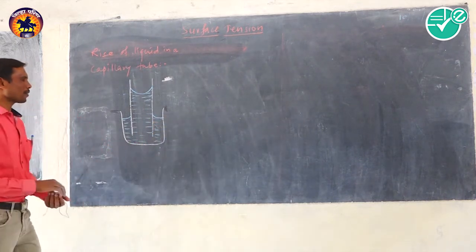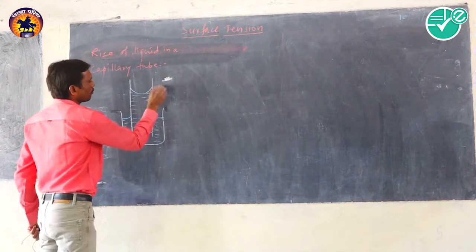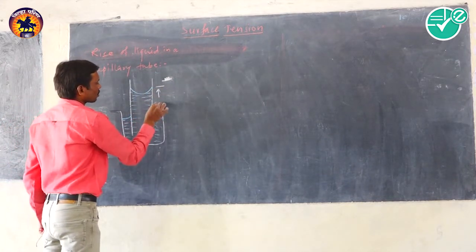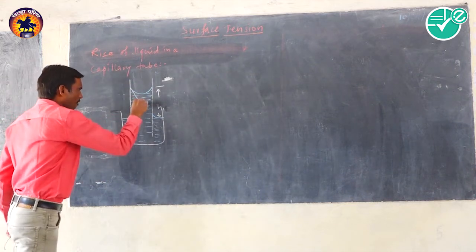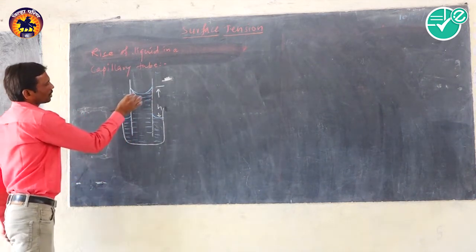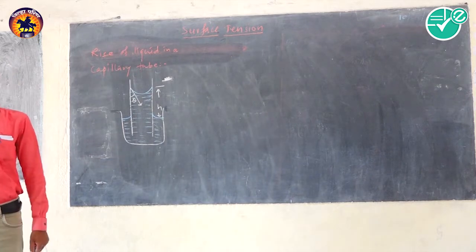In this case, it is found that the water rises up inside that capillary tube up to height, now consider this small h. Now consider the angle of contact of that water with the glass capillary, that is theta.